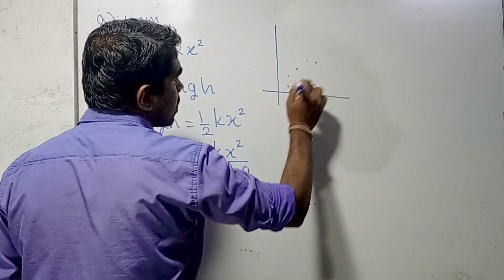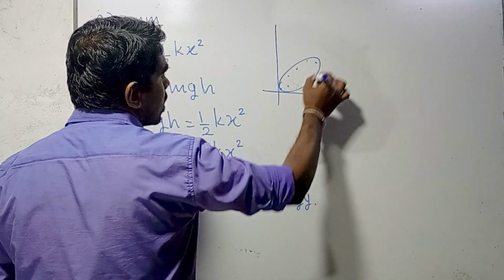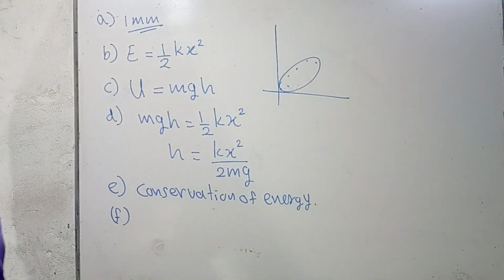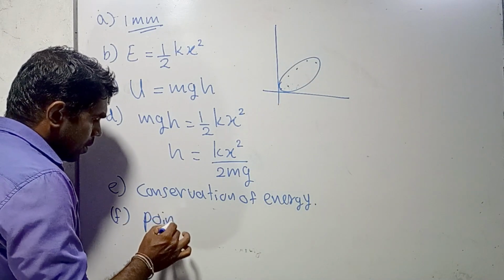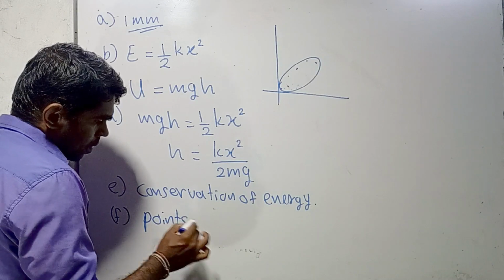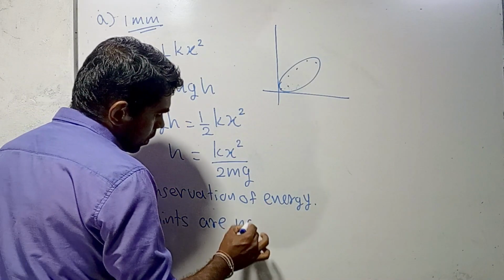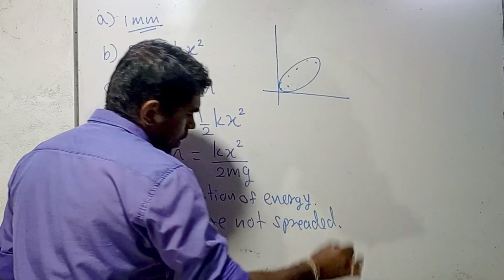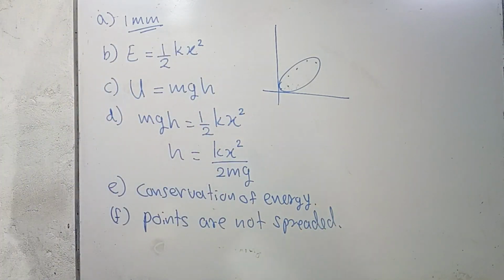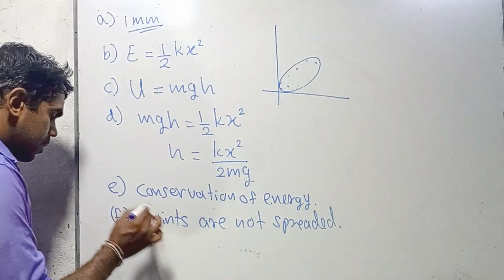They are in a small region. Therefore, we can write that the points are not spread out. We have to use spread out points to obtain the final result with high accuracy.